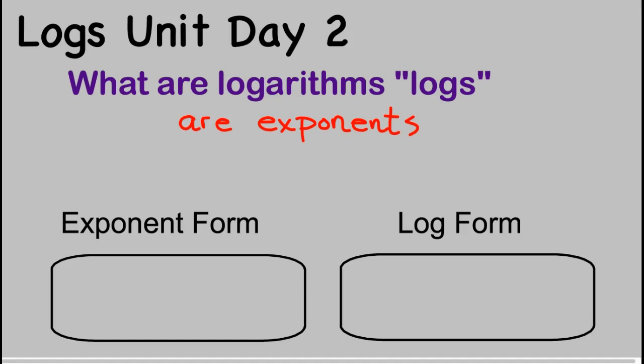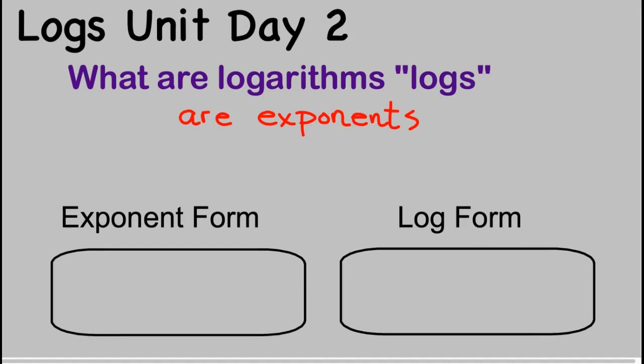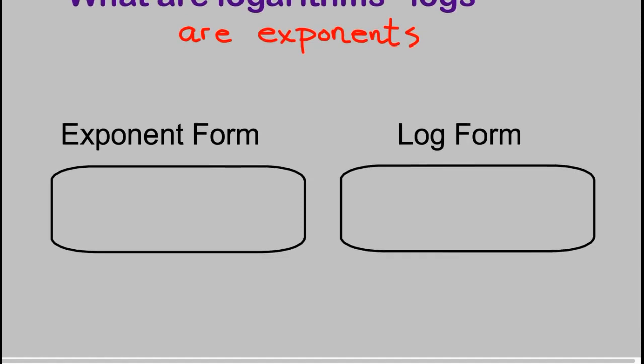All right. There's two forms that we're going to talk about here, exponent form and log form. So in exponent form, we would have b to the x power equals a. It's just some generic exponent statement, something to a power equals something, but it's all variables.